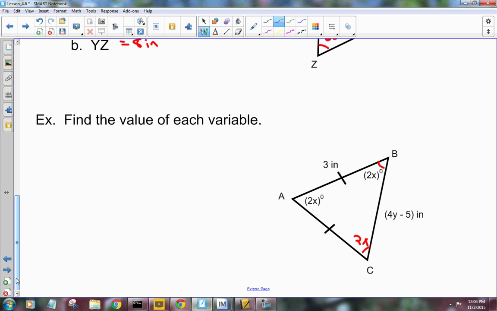You're right, but because they're all 2x, that makes it equiangular, which means all of those angles are 60. And if we divide by 2, we get x is 30. And so since it's equiangular, it's also equilateral, right? And so to figure out y, I'm going to set 4y minus 5 equal to what? So add 5 to both sides, and y is 2.